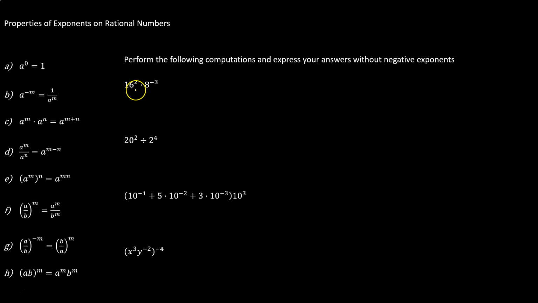For example, 16 squared times 8 to the negative 3, this is a fraction. We're really looking at 16 squared times 1 over 8 cubed. 16 squared is really the same thing as 2 times 8 squared. And if we're multiplying that times 8 cubed, then maybe we want to distribute in our numerator so that we can simplify.